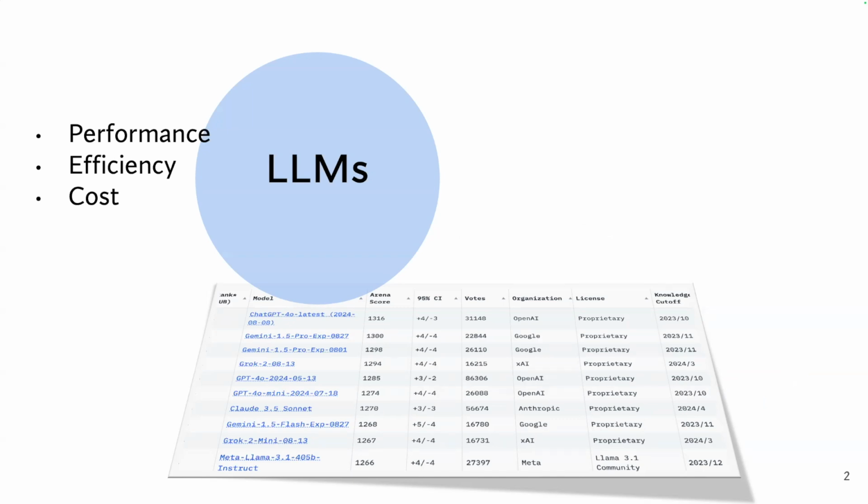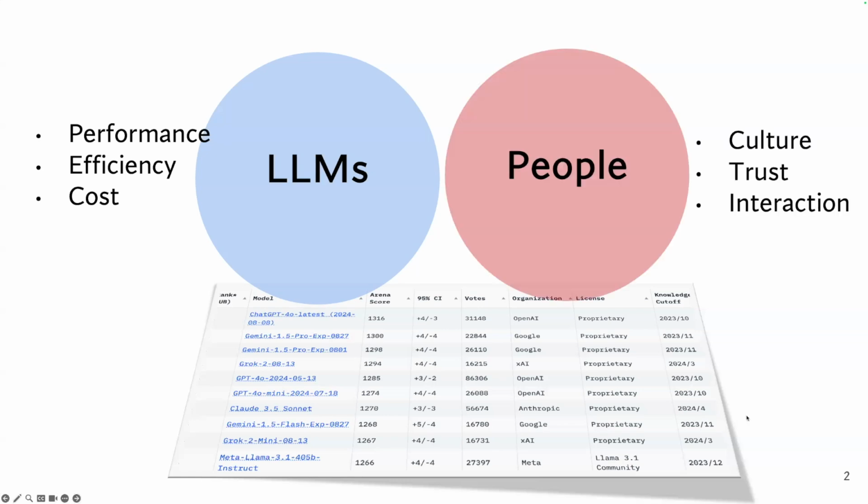On the other side, with the impressive capabilities of large language models, a lot of people and applications have been built around them. When I mention people, I mean that people bring their interactions, culture, and norms into their use of large language models. And I think those two create a lot of challenges for our AI systems today.